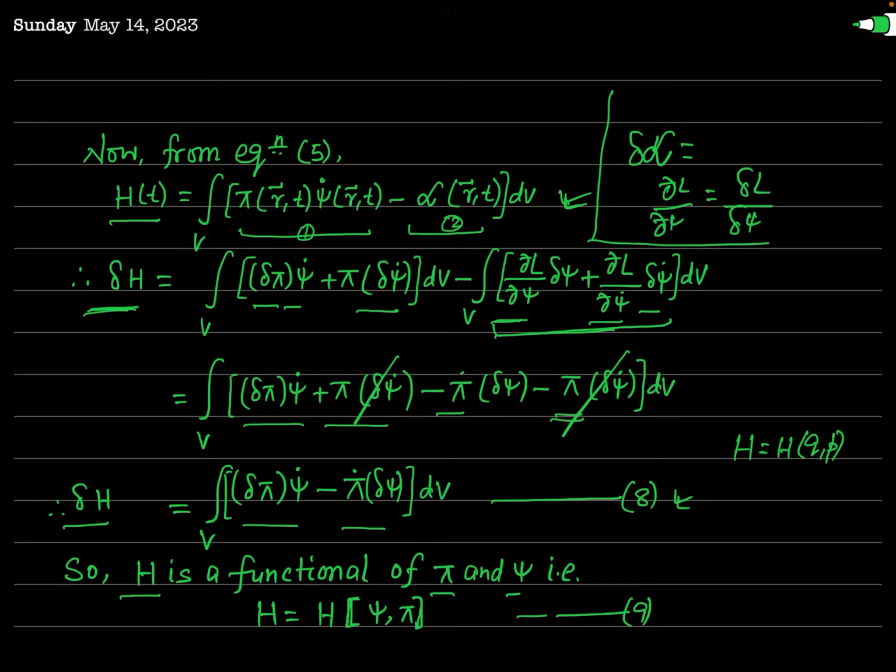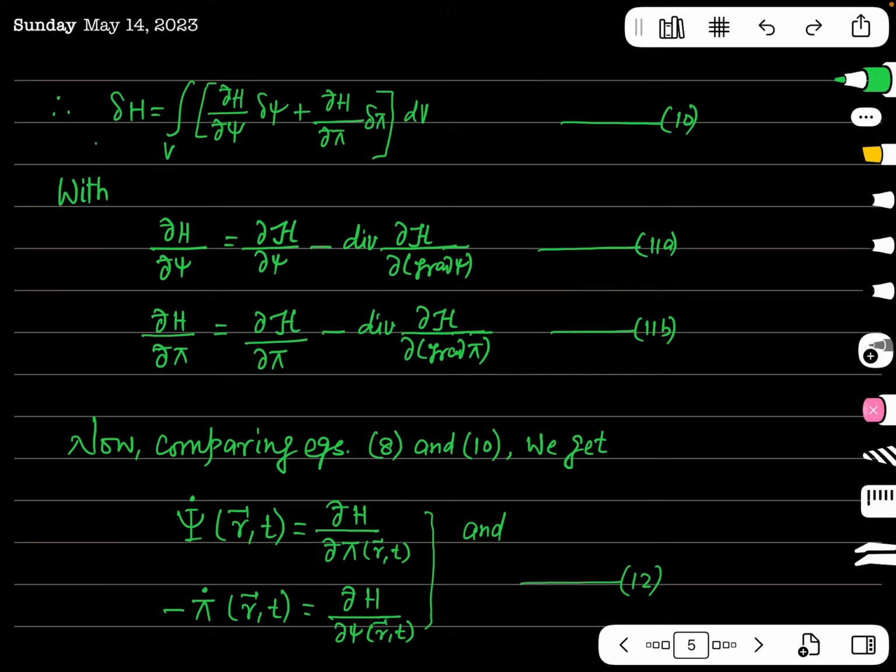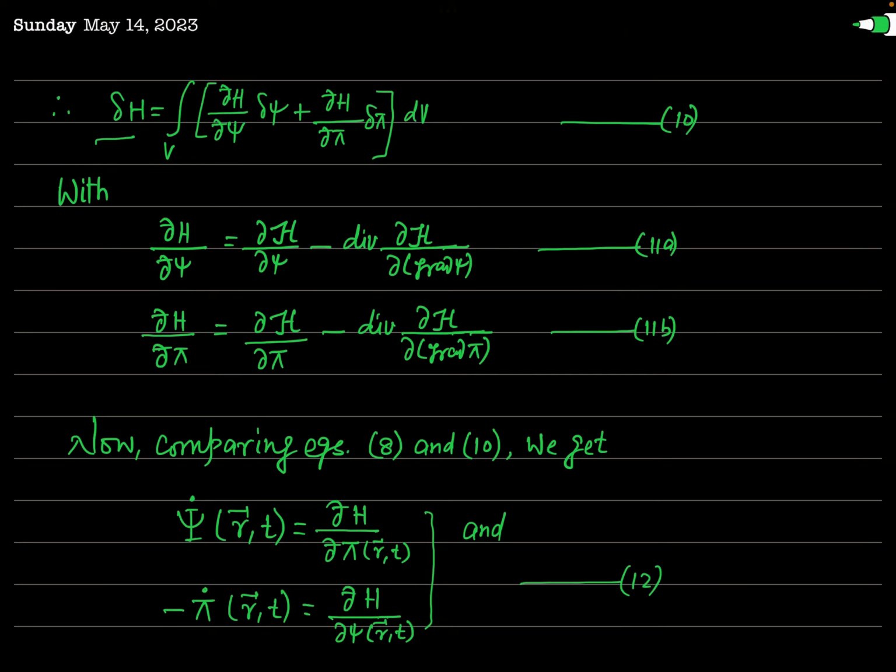Now, since H is a functional of psi and pi, we can again find the delta variation of this Hamiltonian H. I have written this result again on the basis of the result obtained for the field equation in the Lagrangian formulation in the previous lecture.